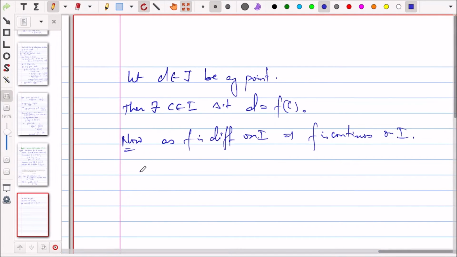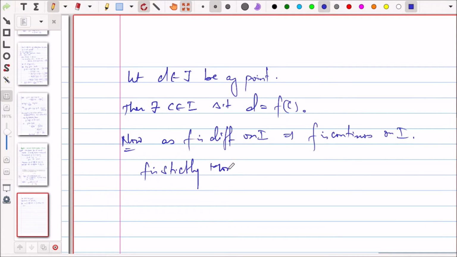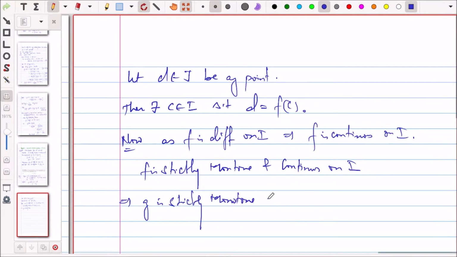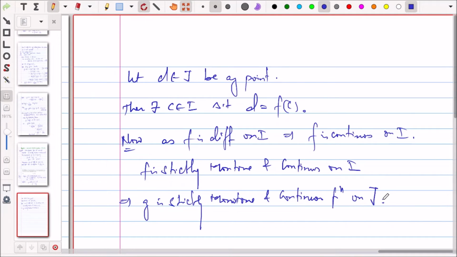Differentiability implies continuity. So f is strictly monotone and continuous function on I. So by the continuous inverse theorem, g is a strictly monotone and continuous function on J. Is it fine?